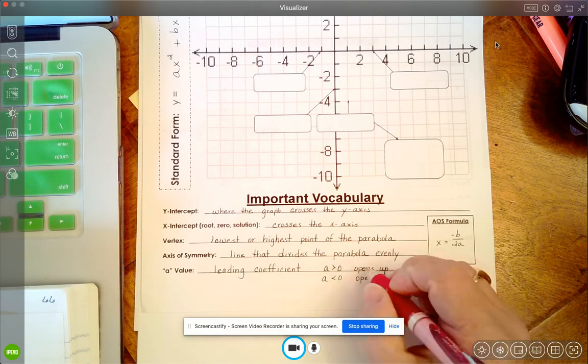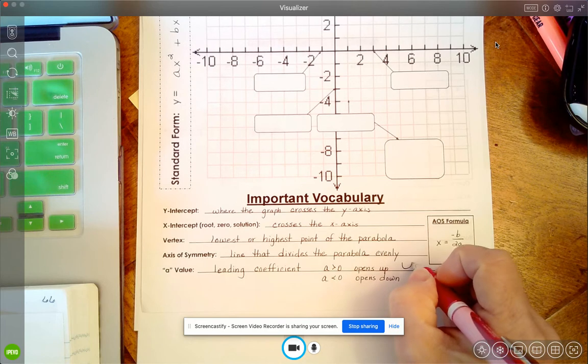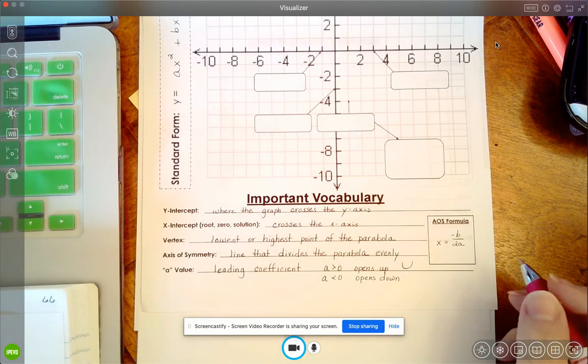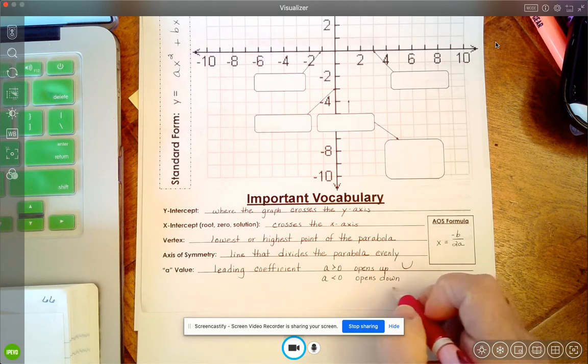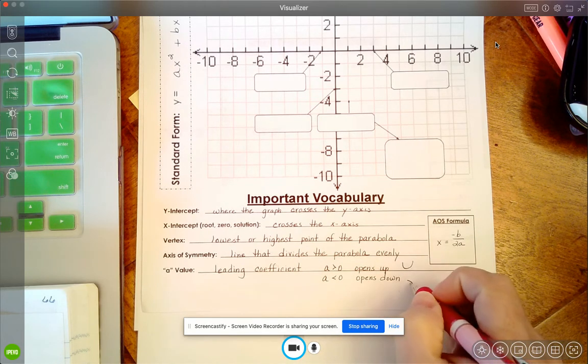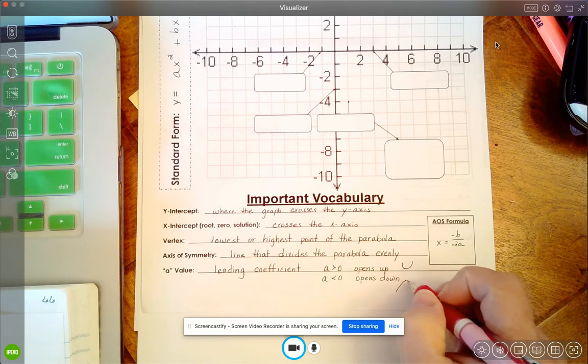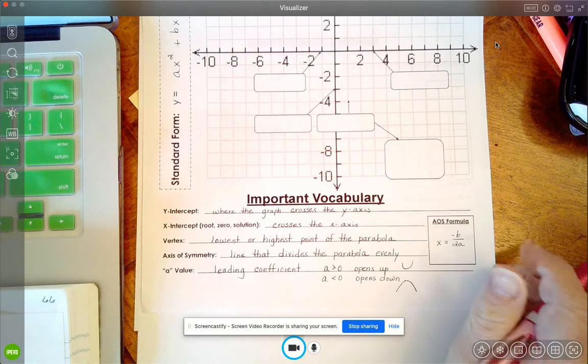If it opens up, the parabola is going to look something like a big smiley face, and so the vertex would be at a low point there. If my a value is less than 0, it's going to open down, and my vertex would be the highest point of the graph.